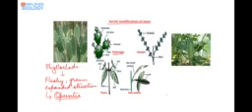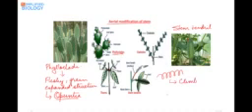Next, the stem tendrils. These are leafless, spirally coiled structures that coil around a support, helping the plant to climb.